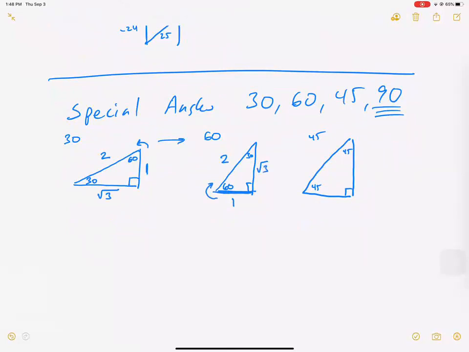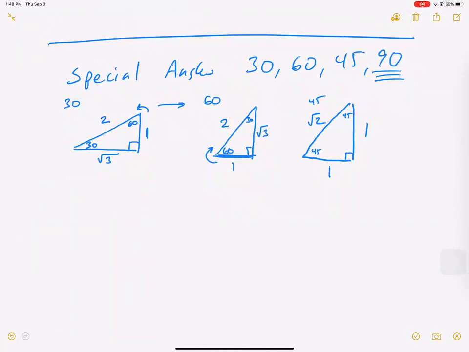You guys will be using these triangles for your homework. And last one, 45, 45, 90. That's going to be 1, 1, square root of 2. So when you're doing your homework, please have these triangles out. And the 90 degrees, I'll show this one more time in a little bit.